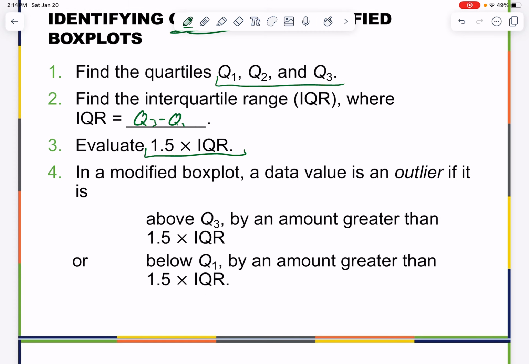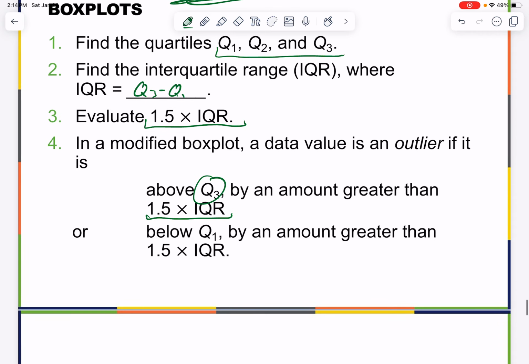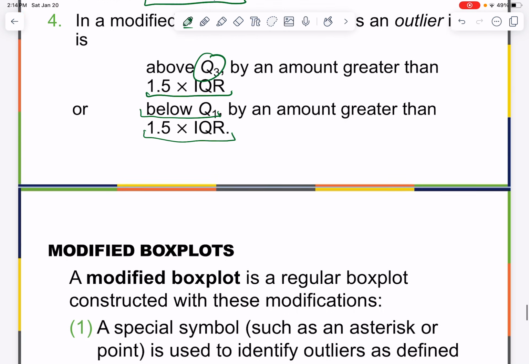In a modified box plot, a data value is an outlier if it is above the third quartile by more than 1.5 times the interquartile range. On the other hand, it's also an outlier if it is below the first quartile by an amount greater than 1.5 times the interquartile range.